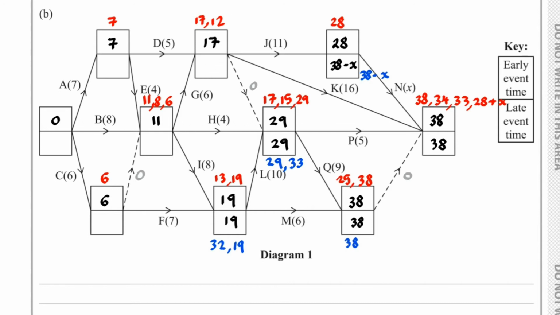If we take a look at what we could have here, we could have 38 minus x take away 11, so that will be 27 minus x. Or we could have 38 take away 16, which is 22.